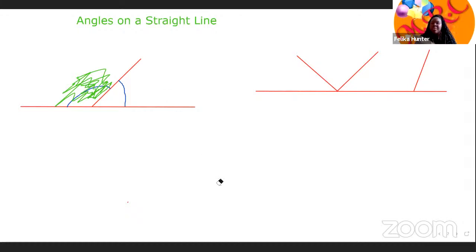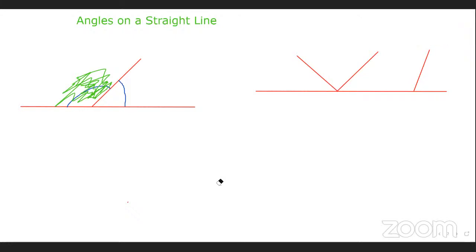All right, so an obtuse angle, we know that it's greater than 90, but less than 180. So if it's an obtuse angle, how many obtuse angles do you think we can have on a straight line? Two?